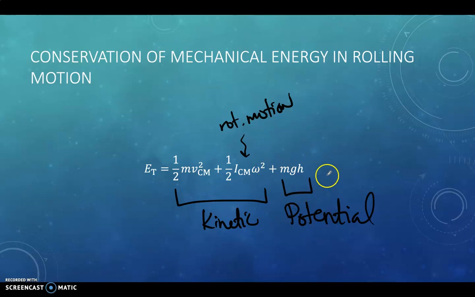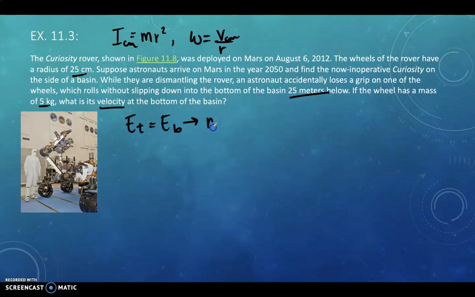So we just have potential energy at the top here. So we should have mgh, and this is at the top.